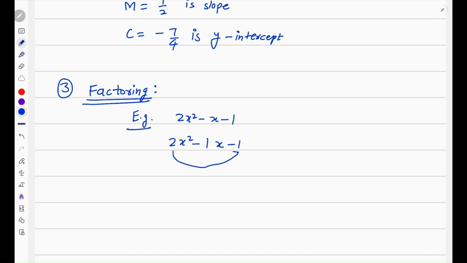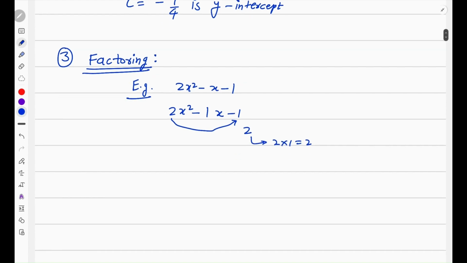So if we multiply this term with this single term, it becomes 2. So we have to find the factors of 2: 2 into 1 equal to 2. So this 1 we can write as 2 minus 1, because these are two factors, and the minus is because of the minus sign.